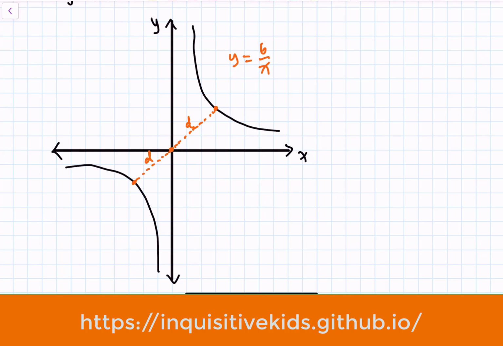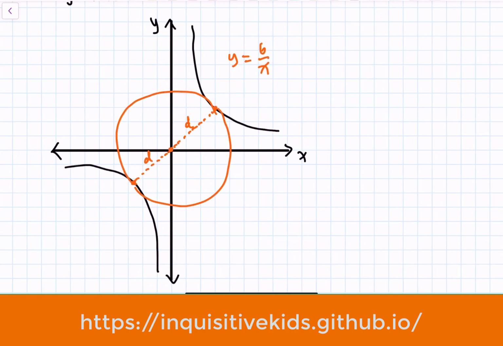This d, we can think of it as the radius of a circle. So if we drew a circle about the origin and its radius was d, think about it. If we only look at quadrant 1, if this circle only intersects the function y equals 6 over x at one point, it means that d is the distance between the closest point and the origin.